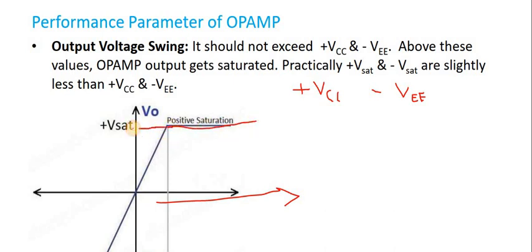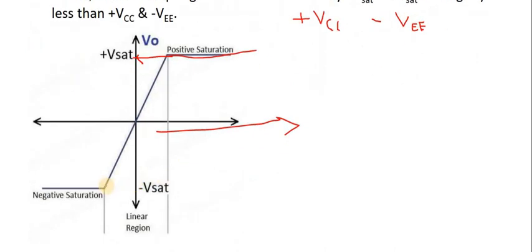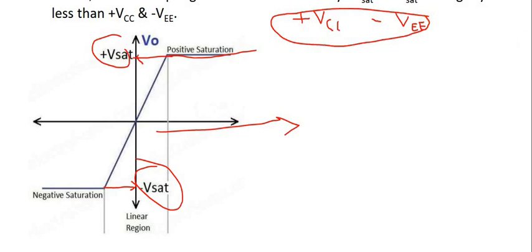This positive side is called V saturation, negative side is called minus V saturation, and this plus V sat and minus V sat is lower than plus VCC and minus VEE. So you cannot get more output as compared to your supply voltage.